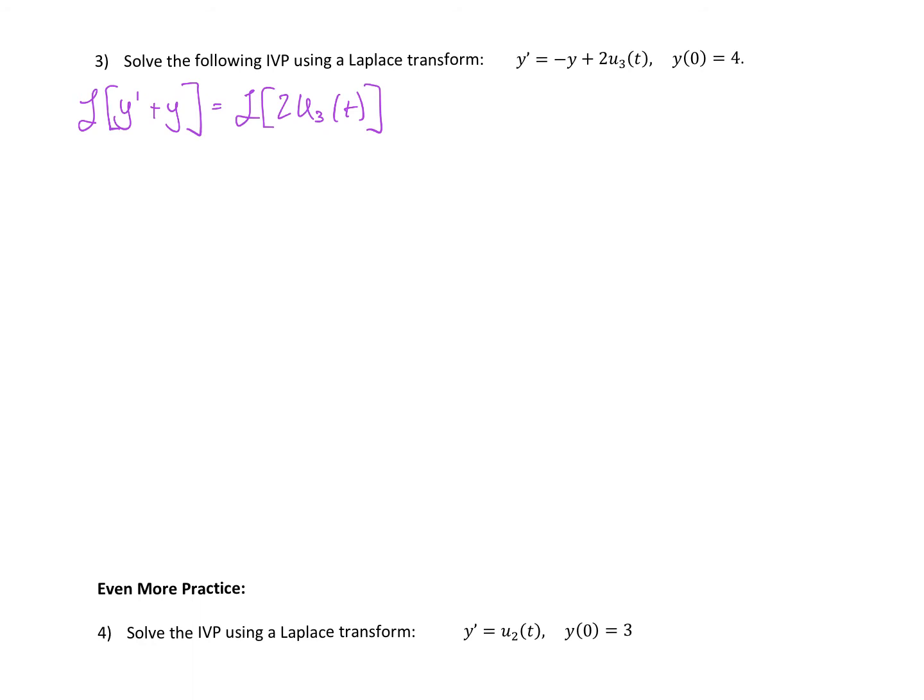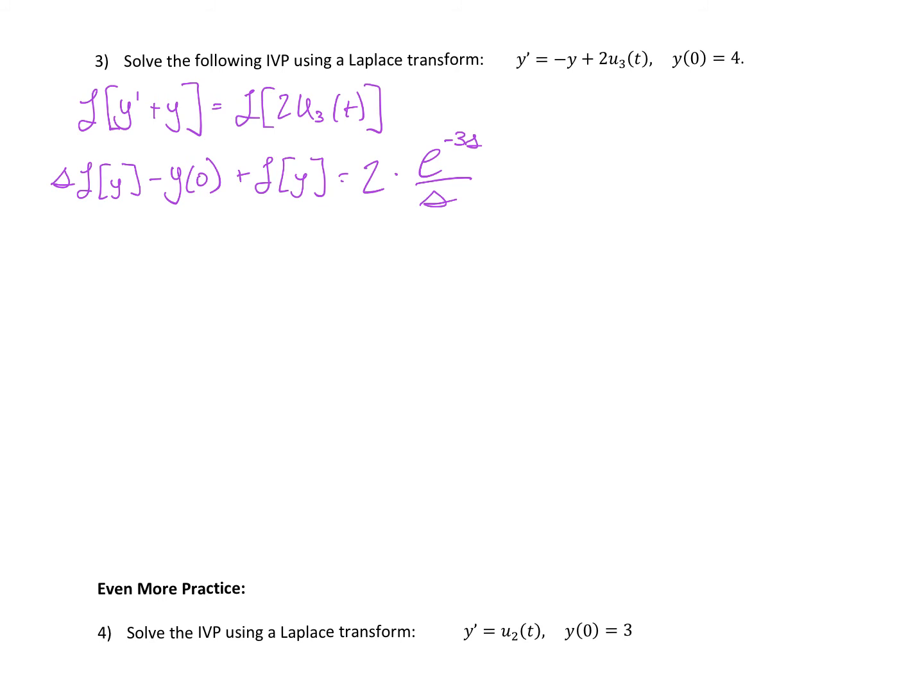Okay, so the Laplace of y prime is s times Laplace of y minus y of 0, plus the Laplace of y equals the Laplace of 2u3 of t. So that's 2 times e to the negative 3s over s.